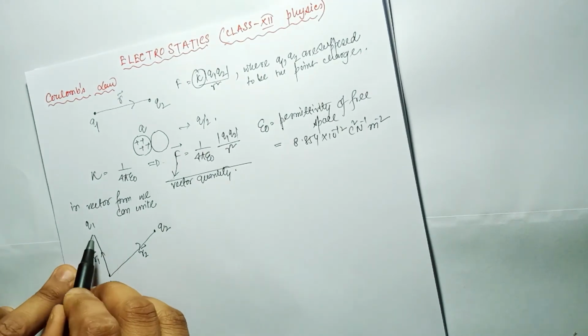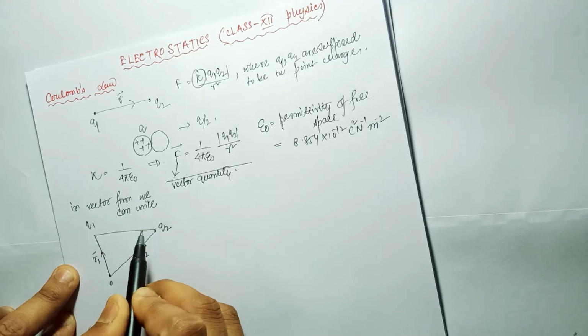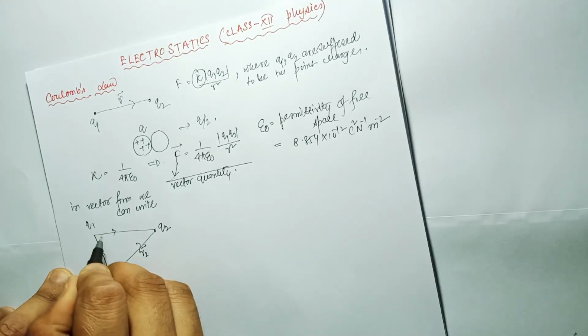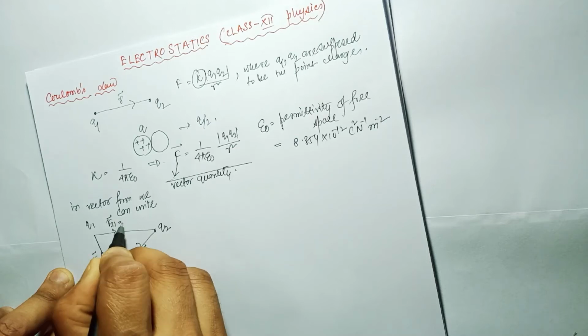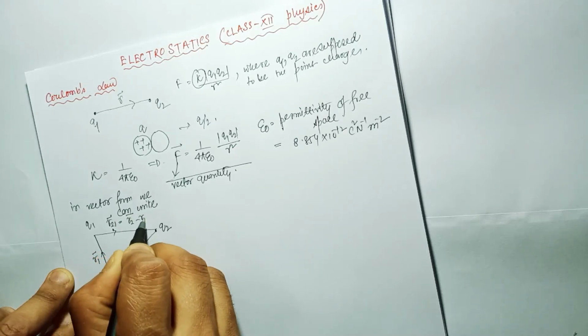So this is the joining vector, this is r21 is equal to r2 minus r1.